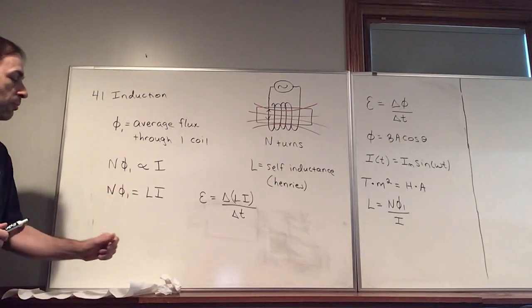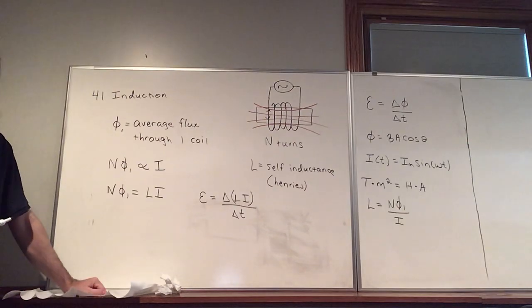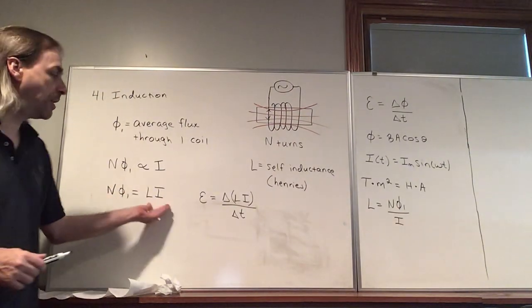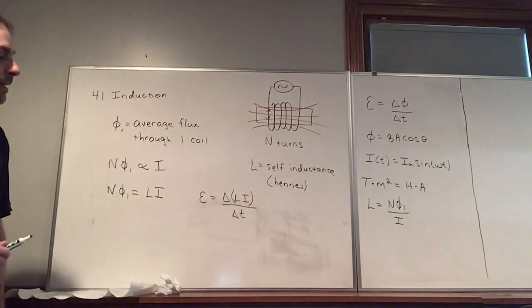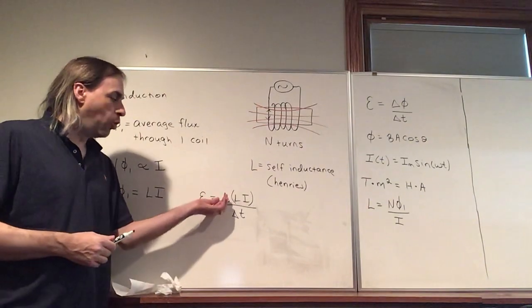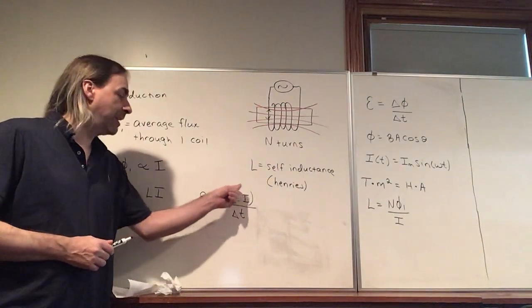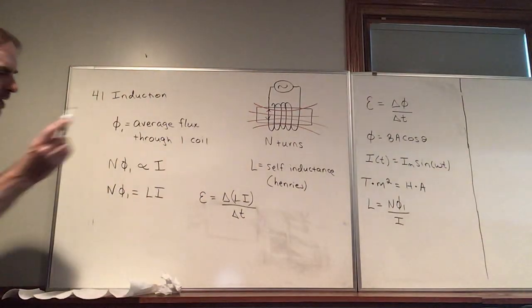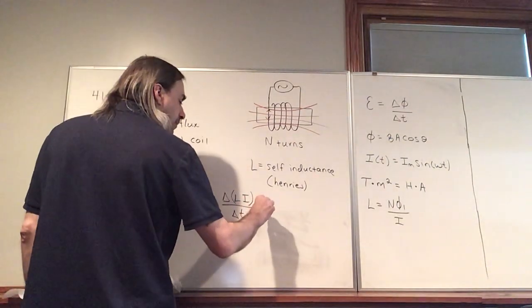This is the total number of loops. So this is a total flux, so we can make the substitution, plug in Li, and L is a constant. Whenever you have a delta, and you have a product where one of the things is constant, you can just pull that constant out. But I'll show it anyways.